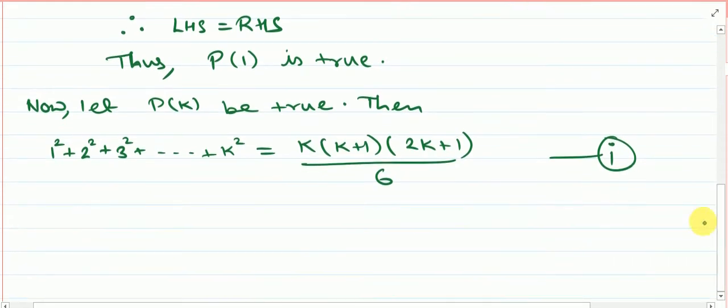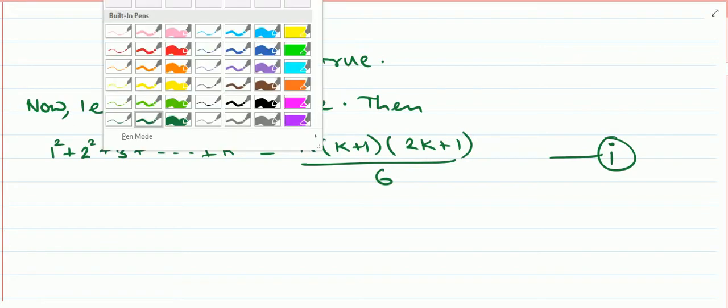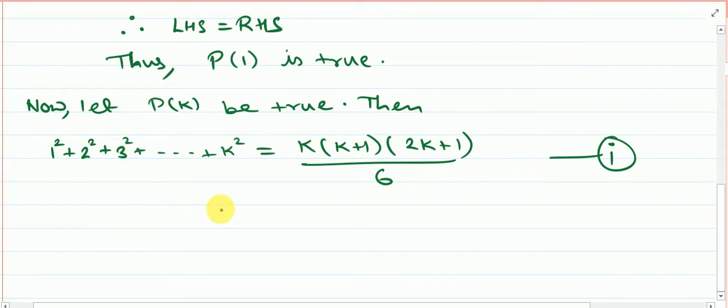Okay, so this is our assumption. Now using this assumption, we have to show now that if I write for k plus 1 also, then this should follow the same pattern, and on the right you should get this.